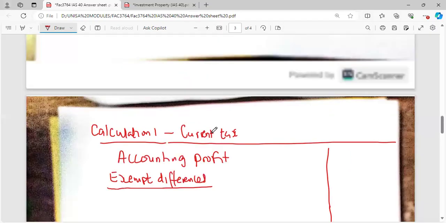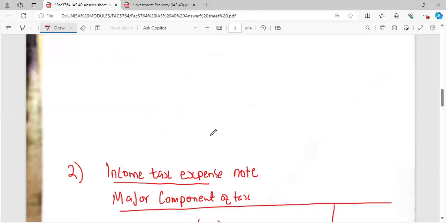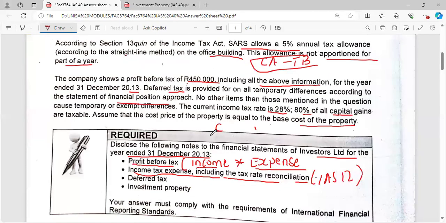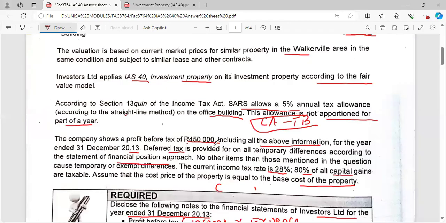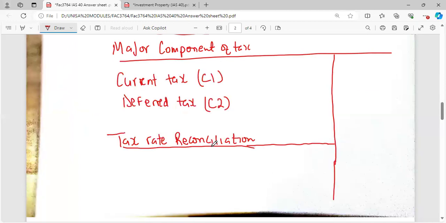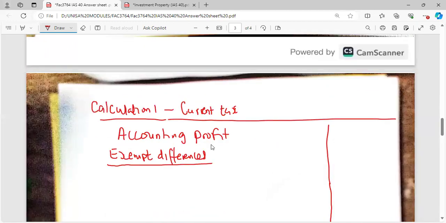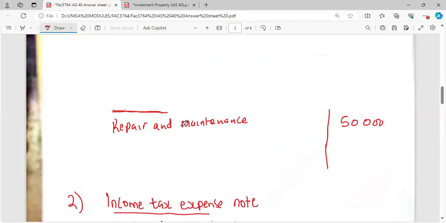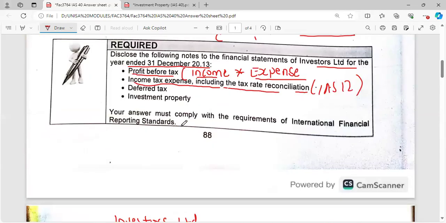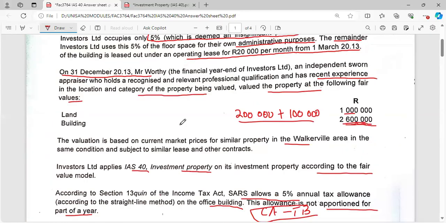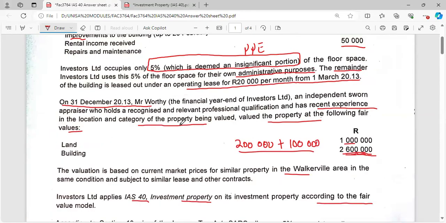Right, so in our question we'll need the accounting profit first. So let's look at the accounting profit, which is 450 before tax. That is our accounting profit. So 450 is the accounting profit. So who are going to be our exempt differences? Anyone who has got an idea, when we look at these figures, who can be an exempt difference?